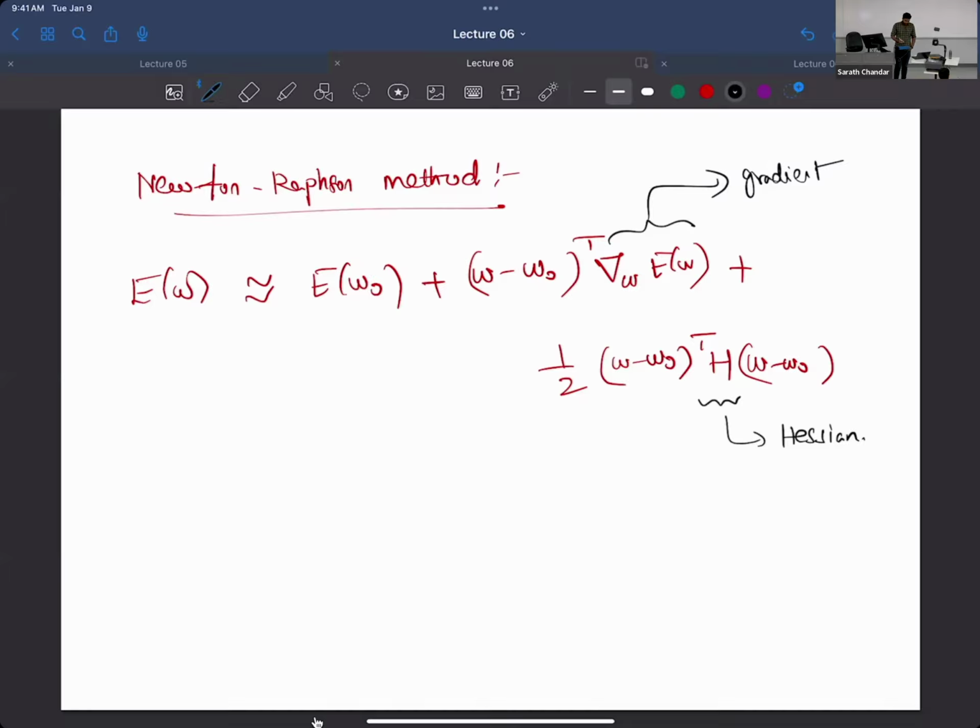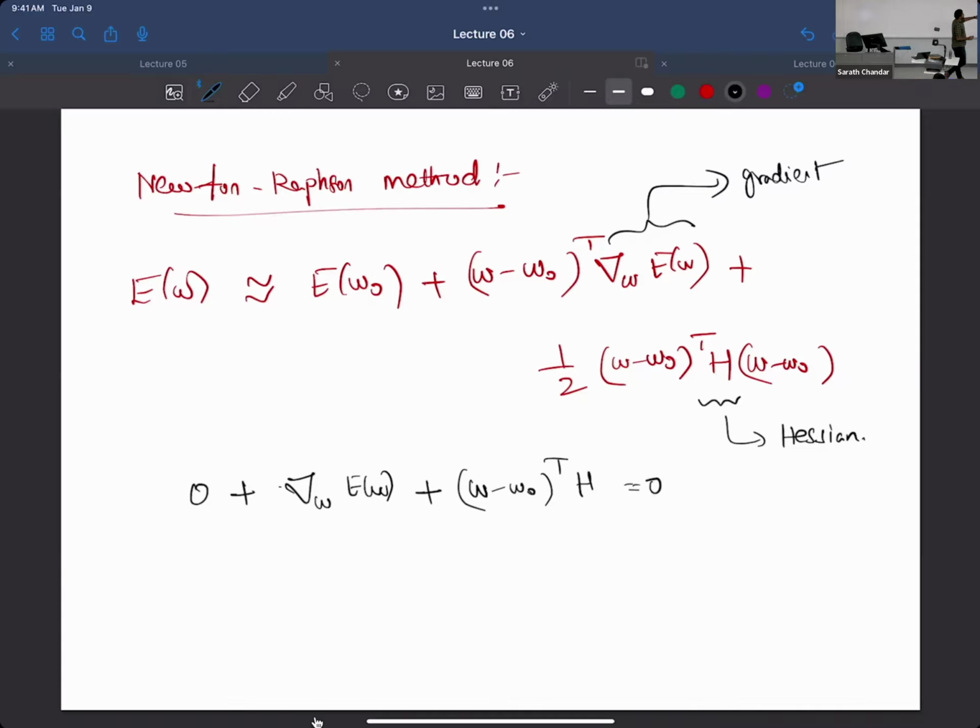Now let's use this as our error function, differentiate it and set it to 0. When you differentiate the first term, it's a constant, so it's going to be 0. Plus, when you differentiate the second term, W0 is a constant, W is a variable, so it's W times the gradient. When you differentiate this with respect to W, you're just going to get the gradient, plus W minus W0 transpose Hessian is equal to 0.